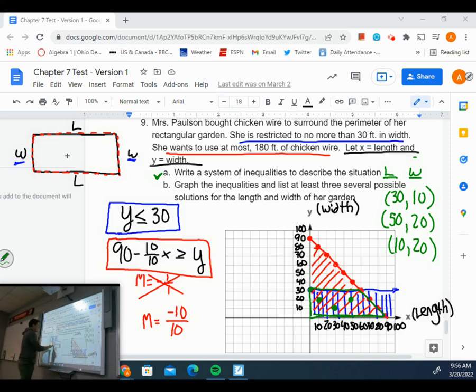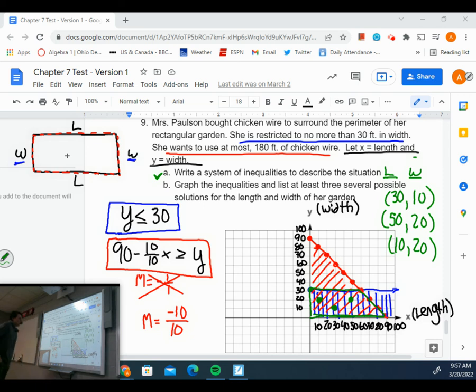Well, if we look at negative 10 over 10, which is just negative 1, times your x value of 30, you get negative 30. 90 minus 30, is that greater than or equal to 10? Yes, it is. 60 would be greater than or equal to 10. And I didn't write that out, but you could write that out on your paper.